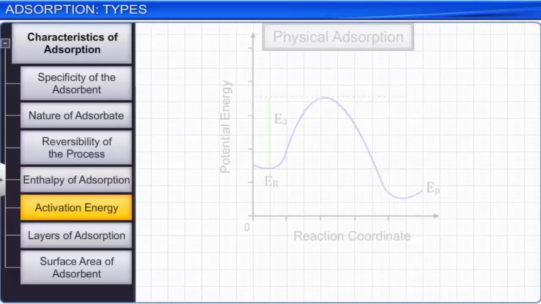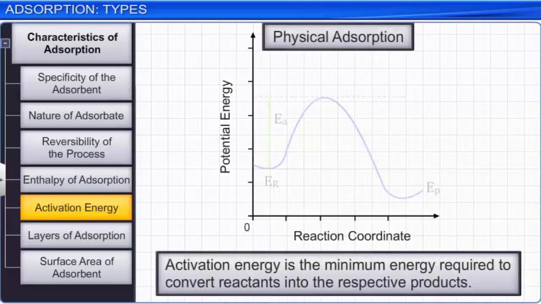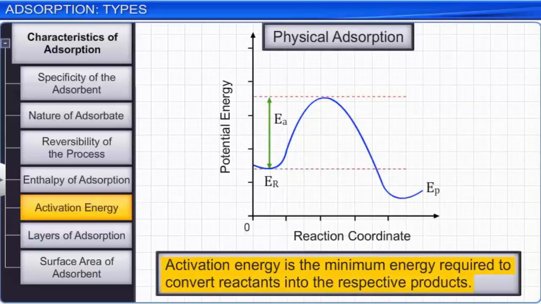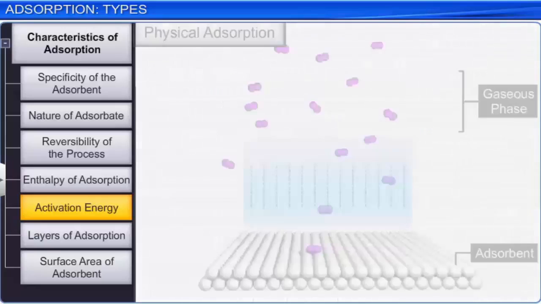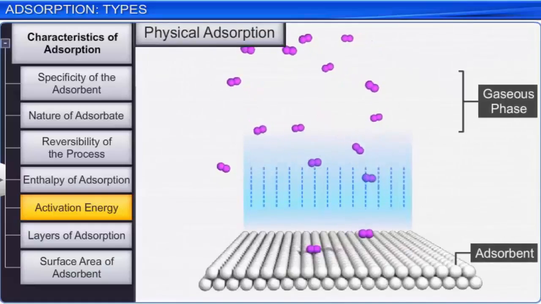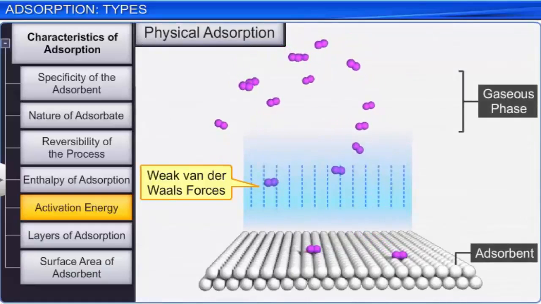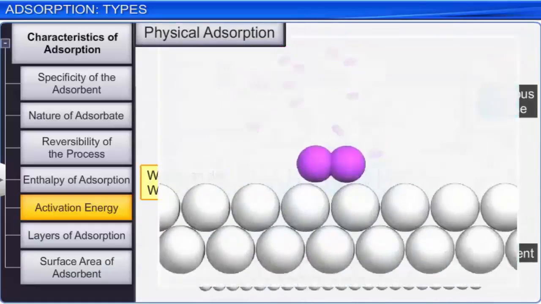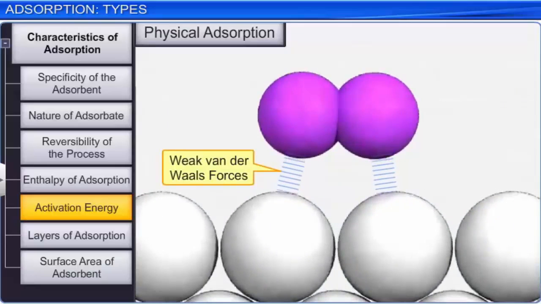Let us now discuss the activation energy required for adsorption. Activation energy is the minimum energy required to convert reactants into the respective products. Physical adsorption involves only weak van der Waals forces and does not involve the formation of surface compounds or any chemical bonds.